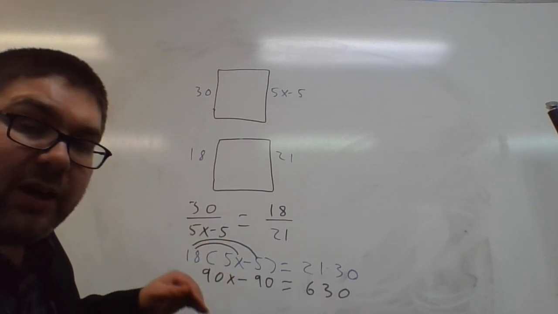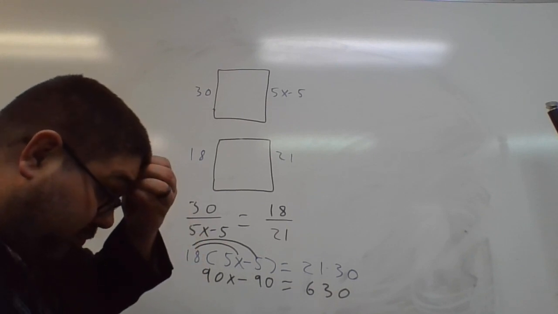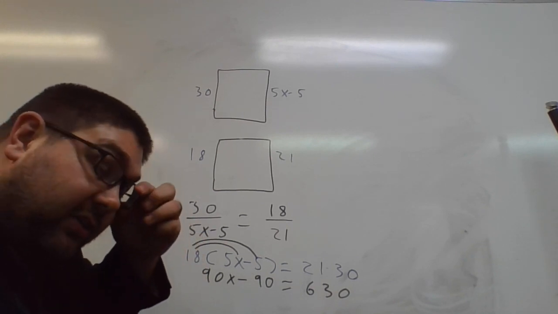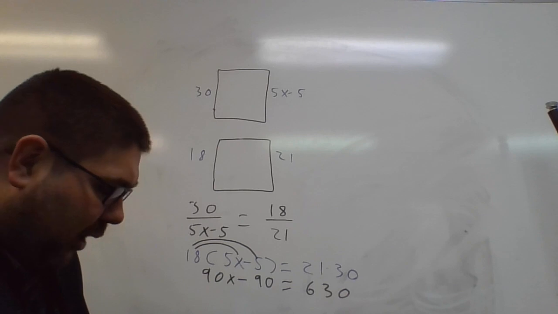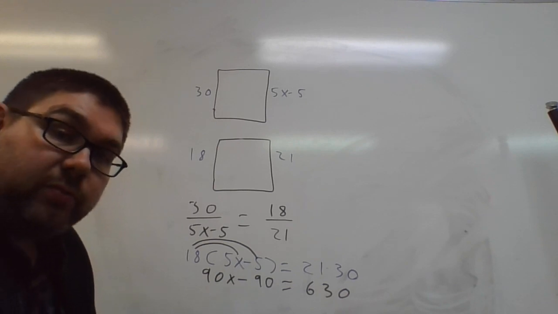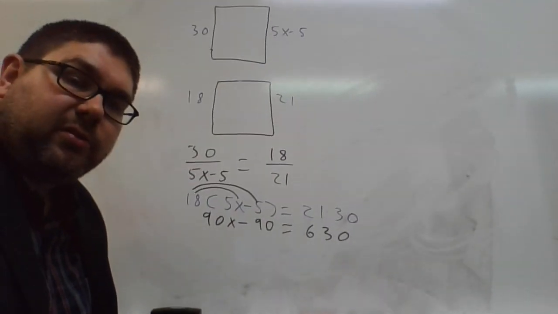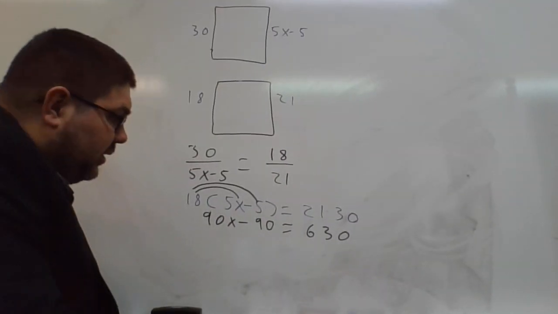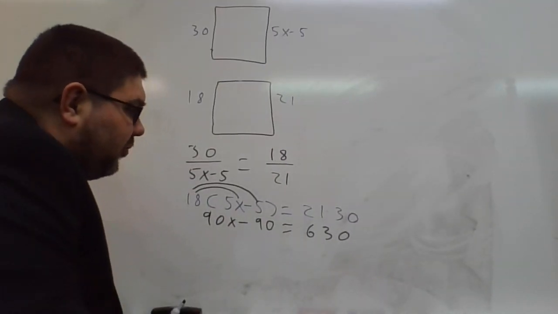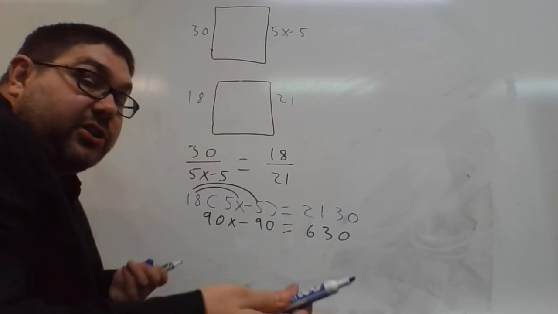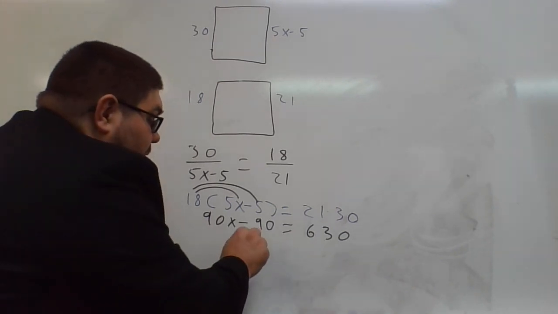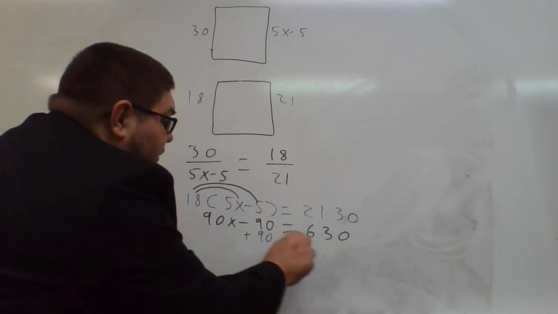Set up, simplify, solve. Now, we're going to solve. I'm running out of room. You'll lower this camera. Okay. Now I have more room. First things first, that's a two-step equation. I'm going to add 90 to both sides.